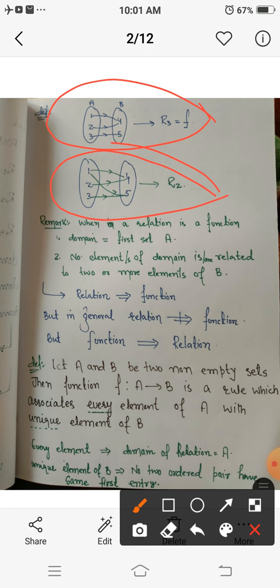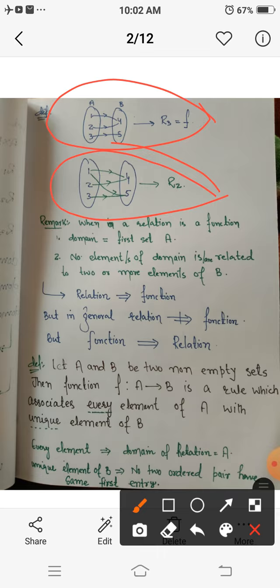Because we have these two relations, one is a function, one is not. When we say that a relation is a function, the domain equals the set of first entries. Here the domain of both these two relations is the first set.